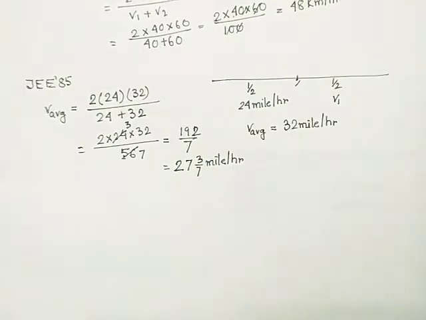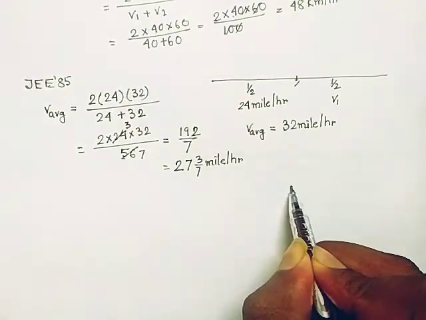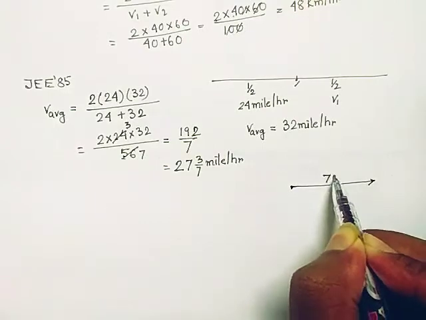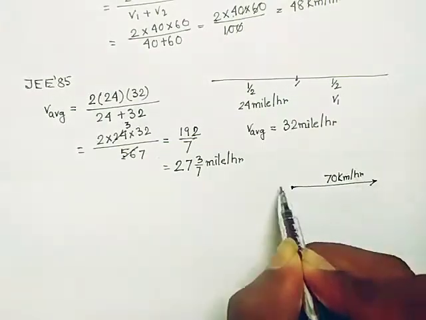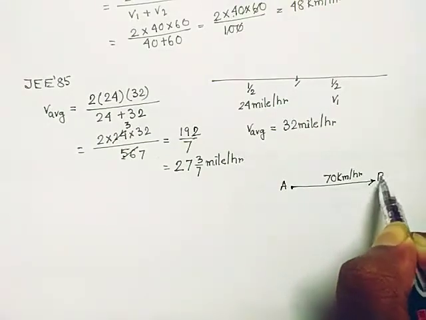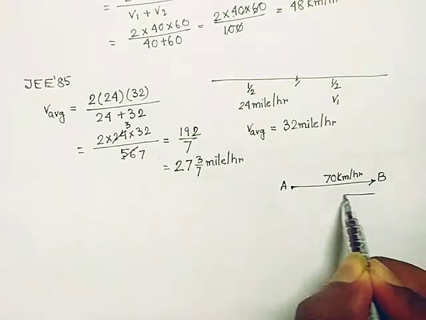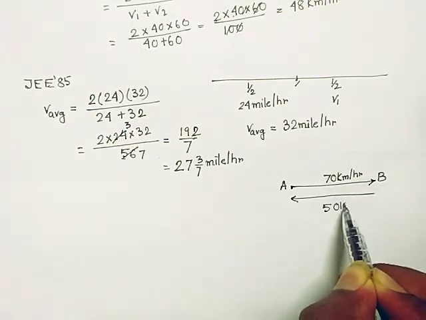Next question is, a train runs between two stations. When it is moving from one station to the next station, consider from A to B, its speed is 70 km per hour. And when it is returning from B to A, its speed is 50 km per hour.